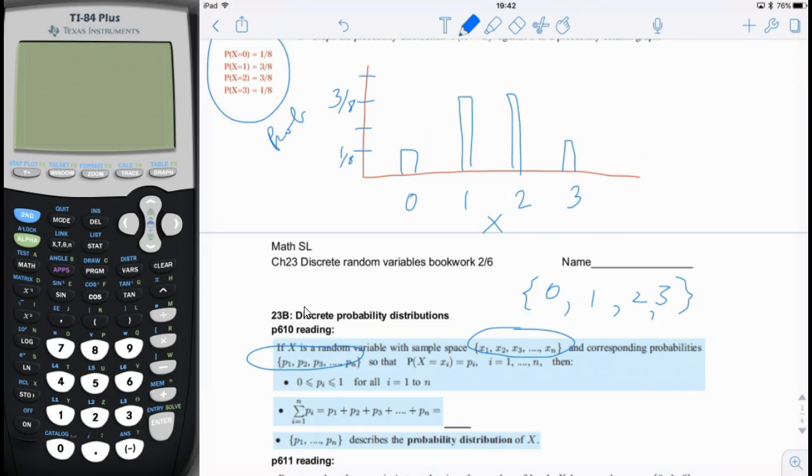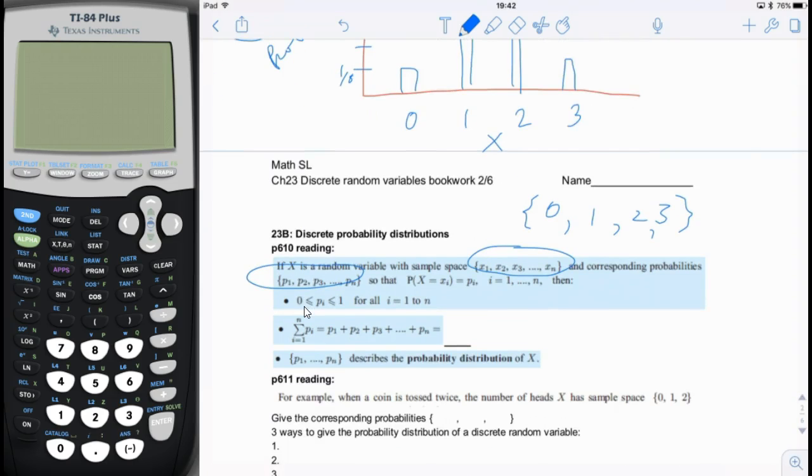And the probabilities that correspond to that are 1/8, 3/8, 3/8, and 1/8, because the correspondence is like that. And if you add up all these probabilities together, like we said before, you get a total of 1.